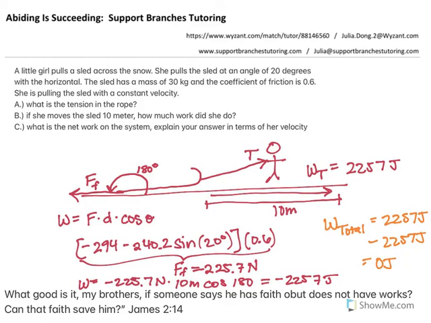Okay, I did not have to do all that math to say that it was 0 joules. I could have told you that because we were moving at a constant velocity. And if we're moving at a constant velocity, that means our acceleration is 0, and there is no change in our kinetic energy. And so our work would be 0.